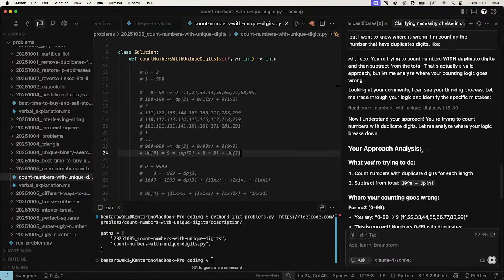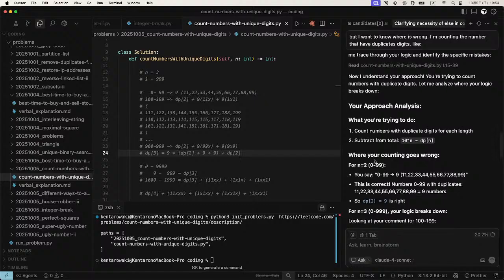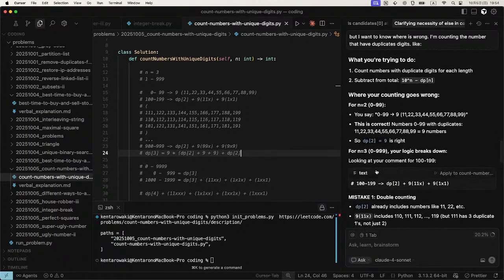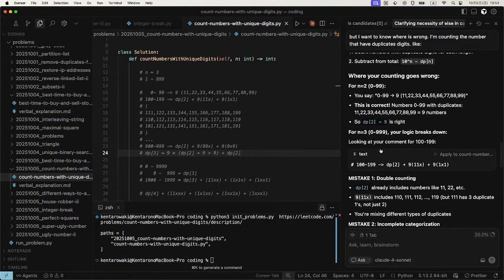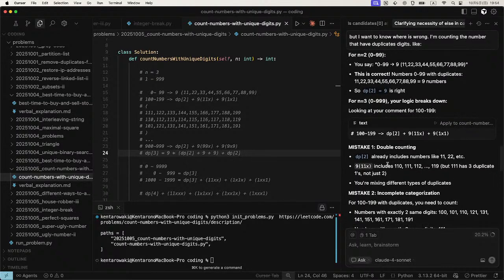Let me analyze where your logic breaks down. You are trying to count numbers with duplicate digits for each length, then subtract from total. Where your counting goes wrong: for n=3, looking at your comment, mistake 1, double counting. dp2 already includes numbers like 1 1 1 1.